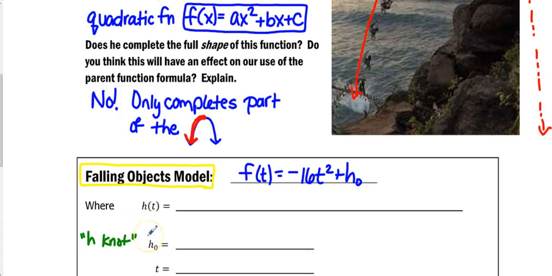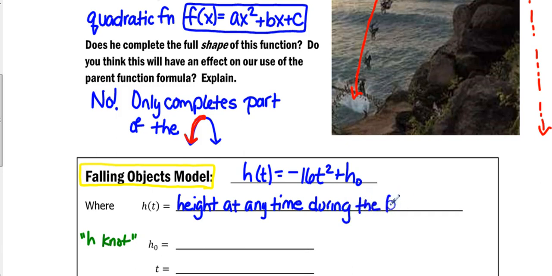Let's get to defining our variables. So h of t, I should have used h instead of f to be consistent. H of t equals the height, so that's why it's good to use h. H for height at any time during the fall.